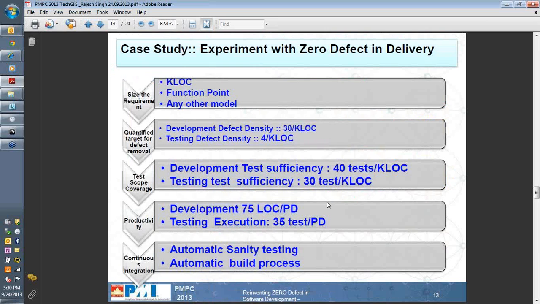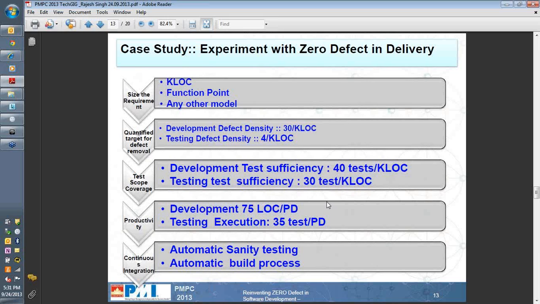I'm also trying to give you some statistics from our experience. At the starting point of any project we must measure the size of the project, and we can adopt either KLOC size or function points, and the SDLC chart where I was talking about the UCL and LCL.